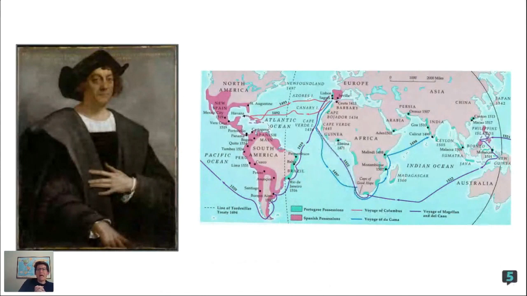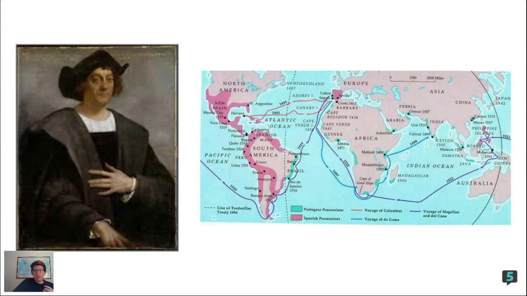And so that exploration is, again, sponsored by the state. It is the basis for the Spanish claim to the Americas and then also to the Philippines. And of course, it will allow for the Spanish to access the great supplies of silver that are in the Americas and that will fuel trade in this time period.